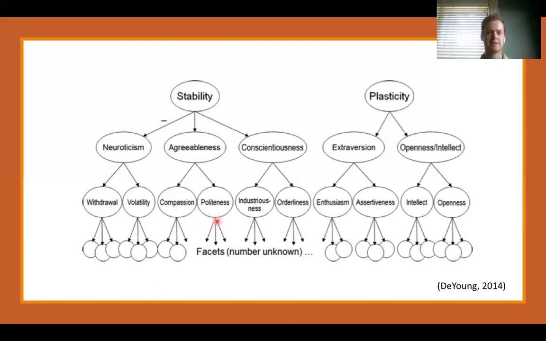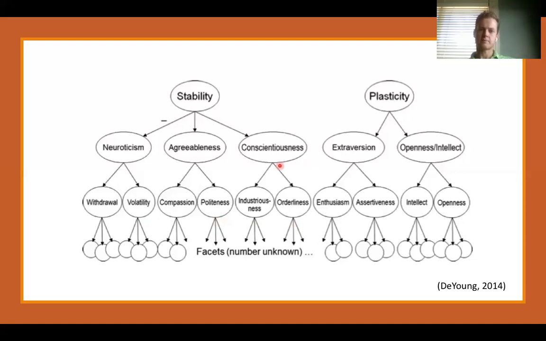Politeness is more the maintenance. It's the tendency to abide by social norms, the social contract. You're not going to stick out in the crowd. You're going to stay at the level of the group. You're not going to make yourself known. You're not going to make any waves. You just want to maintain that social order.